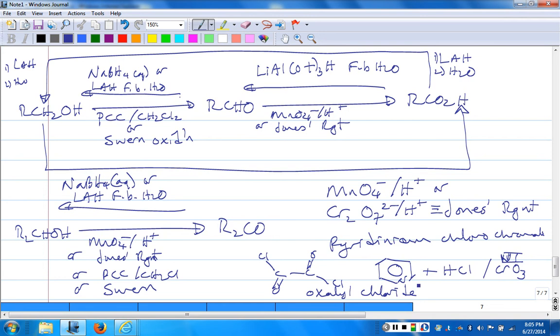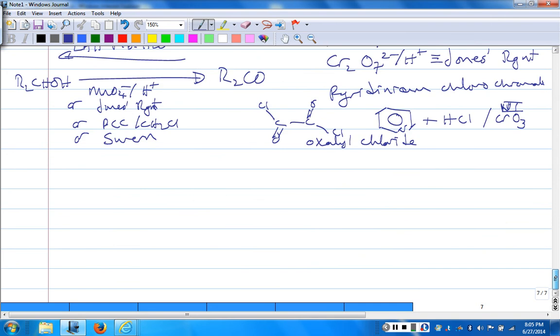Well, it turns out that in addition to using Jones or permanganate to oxidize the aldehyde to the carboxylic acid, there is another set of reagents we can use, and these are a little more esoteric. They involve using a metal diamino cation, where the metal is either copper 1 or silver.